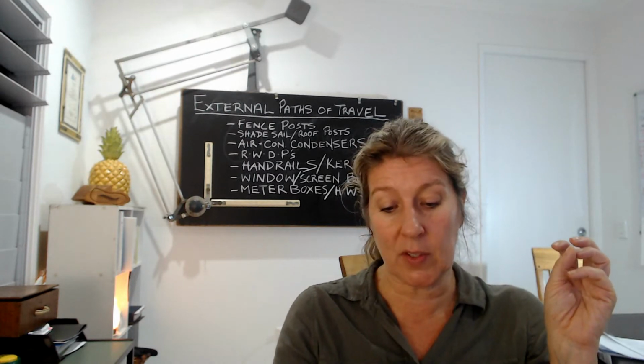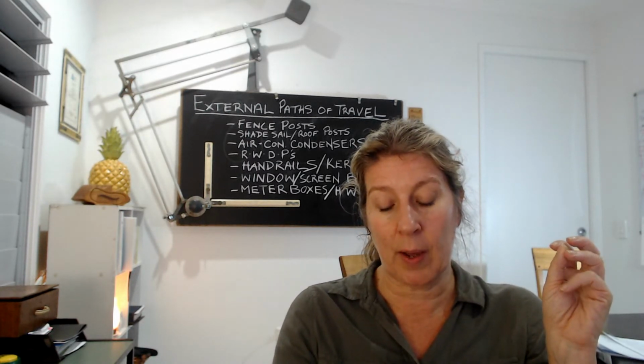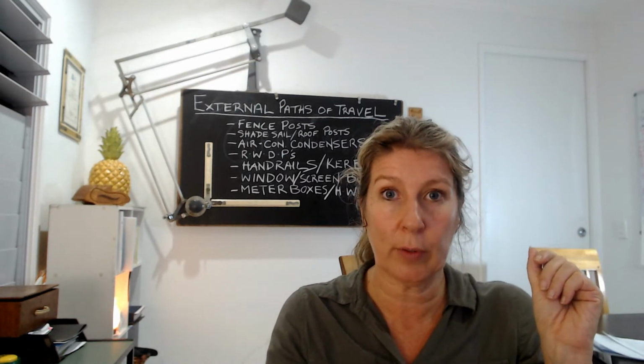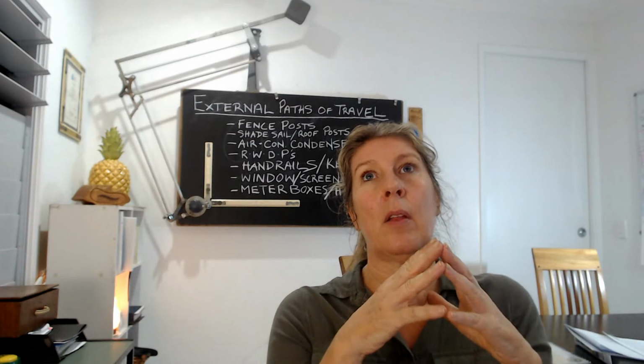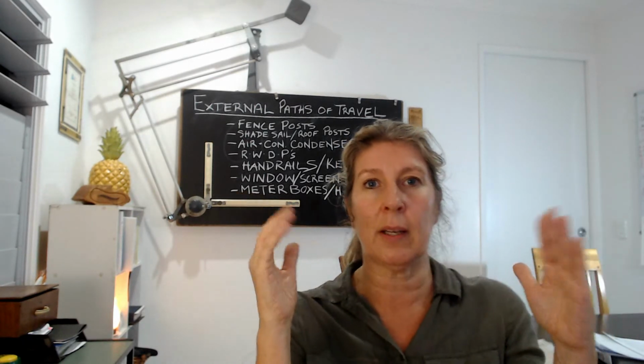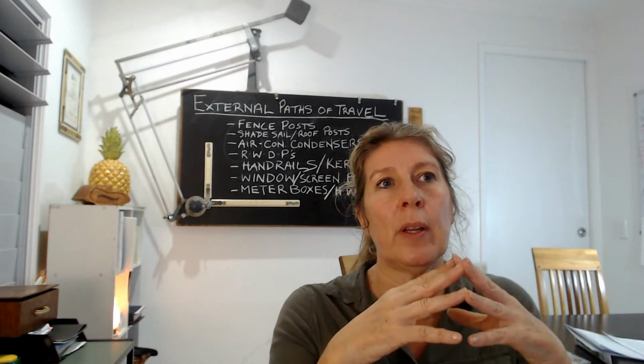Aircon condensers and other services. So you need a height of 2 meters along your path of travel, and that 2 meters mustn't include anything. So things like aircon units, if you've got an aircon unit up here and it's encroaching onto your path of travel, then that path of travel doesn't comply.